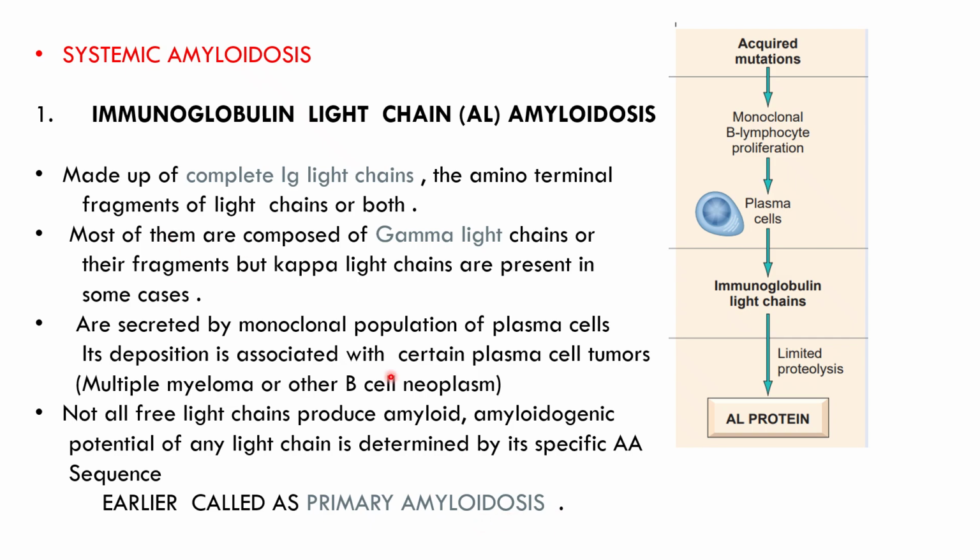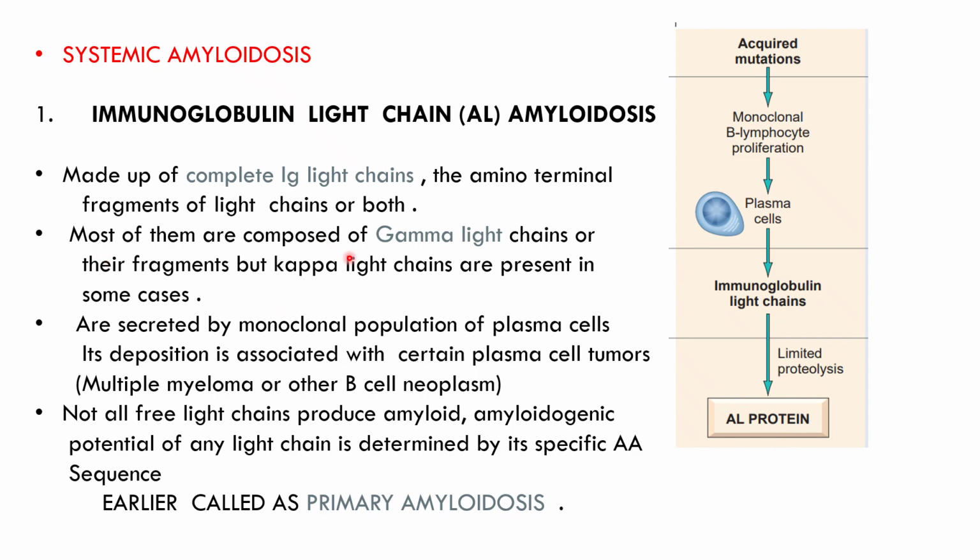The precursor protein is immunoglobulin light chain, and it is produced, as I discussed earlier in the pathogenesis of AL protein, due to the acquired mutation. There is monoclonal B cell proliferation, there is increased clonal plasma cell production, and there is increased immunoglobulin light chain, and there is AL protein production.